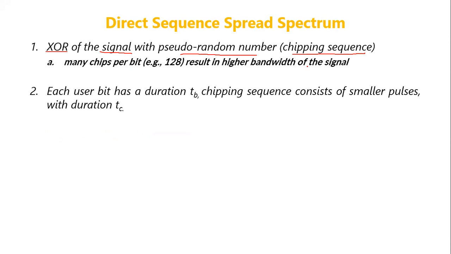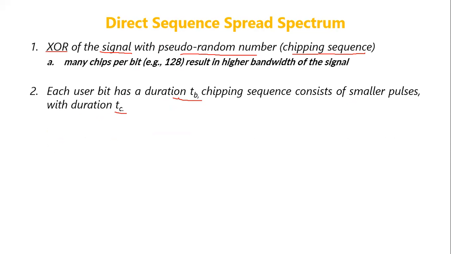Here, each user bit has a duration of TB, duration in the sense of the width of the clock pulse, and the chipping sequence consists of smaller pulses with a duration of TC. So the point is that the clock pulse of the user bit will be larger than the clock pulse of the chipping sequence.